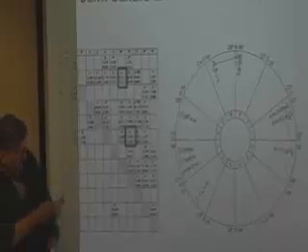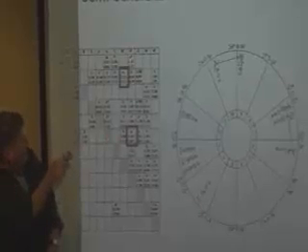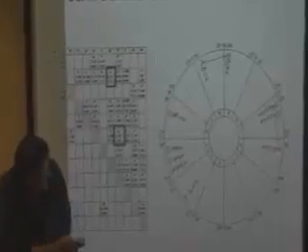Another semisextile is here. We have Jupiter semisextile Neptune. Neptune, 18 degrees Aries, 25. Jupiter, 20 Taurus, 10. There's a little less than 2 degrees difference.